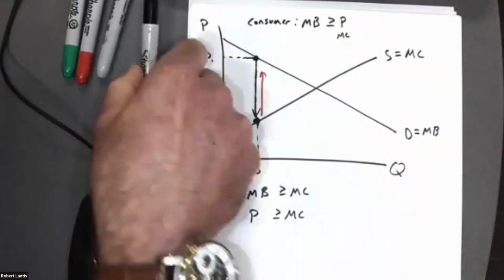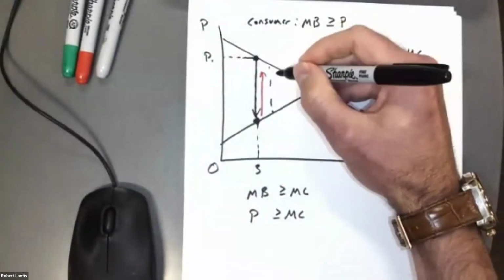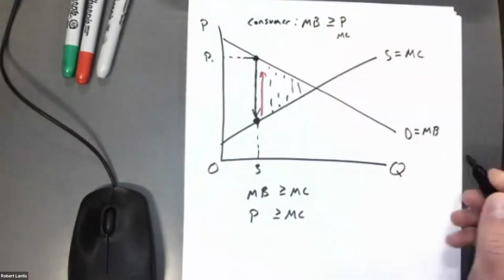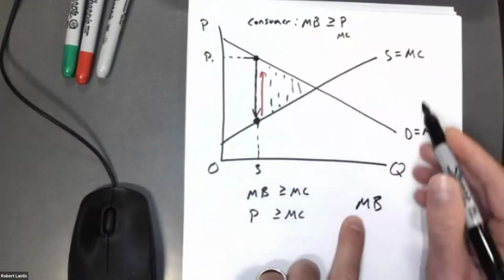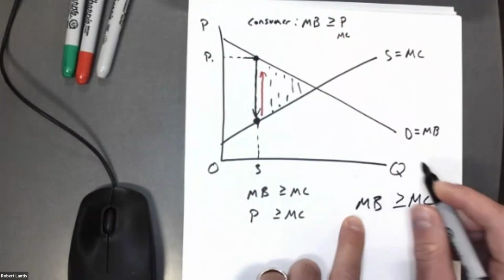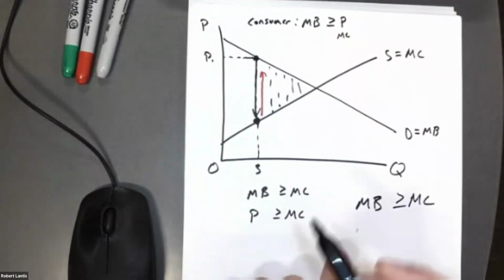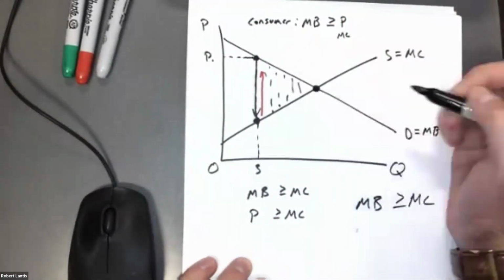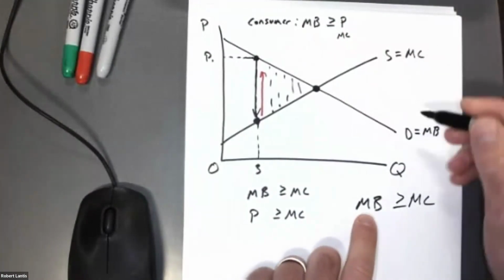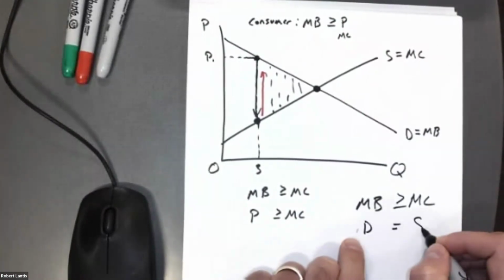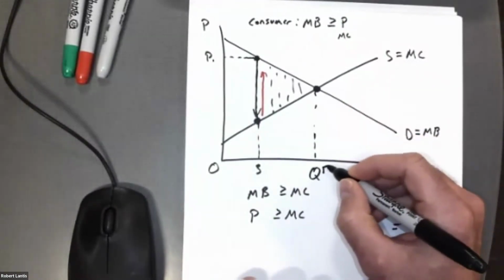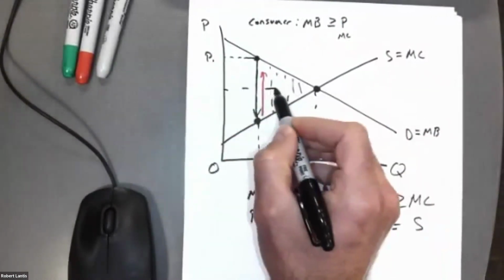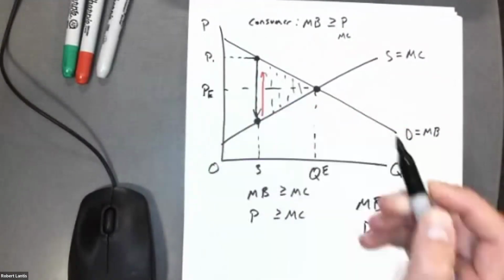Okay. Now that's going to be true at every point as long as the marginal benefits in the market are above or equal to those marginal costs. So the point where they would be exactly equal to each other, where supply is equal to demand, that's why this ends up being our equilibrium quantity and our equilibrium price.